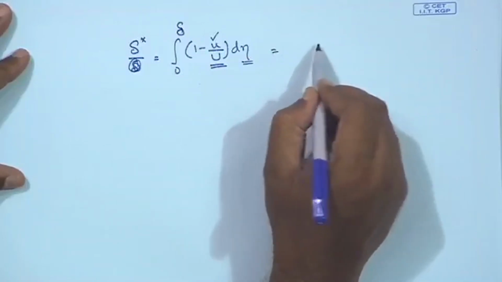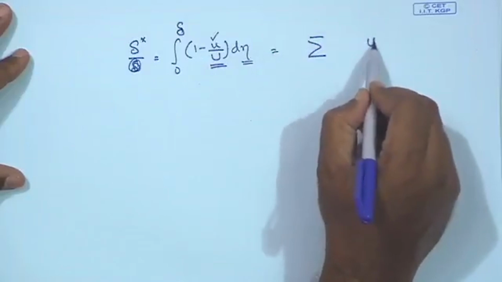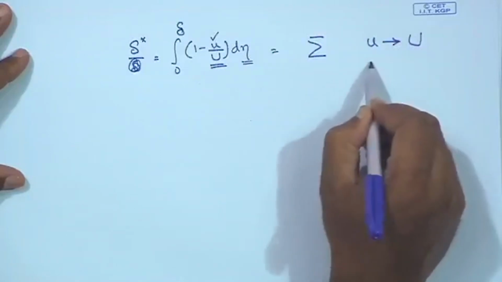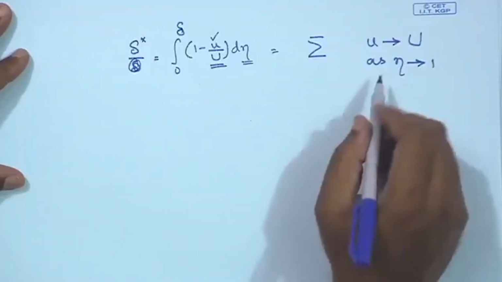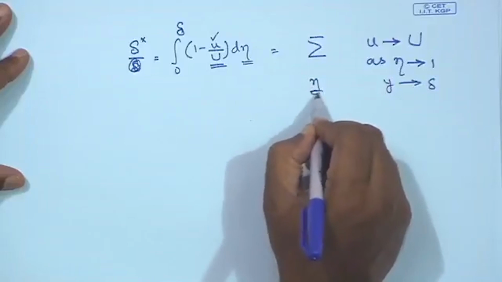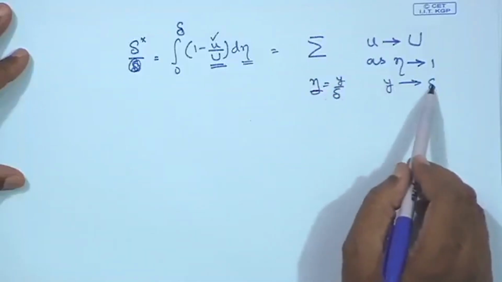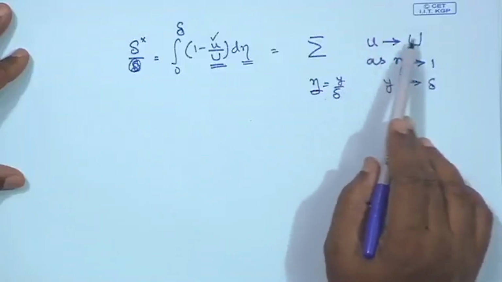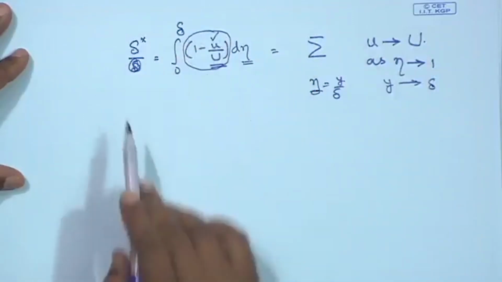So, if you express it as a summation term, you can see that u tends to capital U as eta tends to 1, that means y tends to delta. Eta is nothing but y by delta. So, as y tends to delta, u tends to capital U, and this entire term becomes very small.